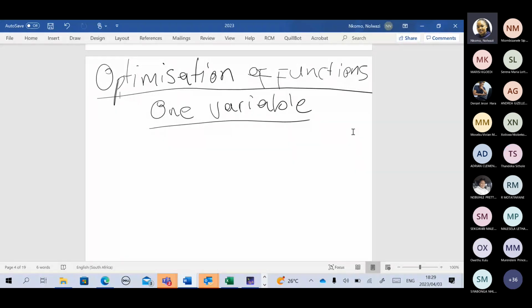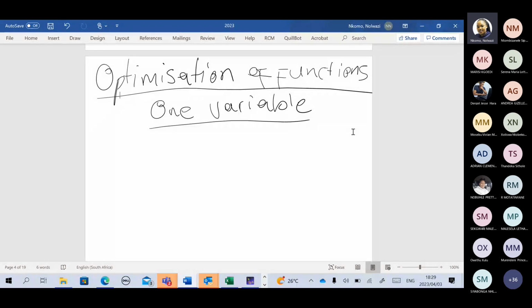The stationary points are the points whereby the slope changes, maybe from positive to negative or from negative to positive. If the slope changes from positive to negative, we call that the maximum point.